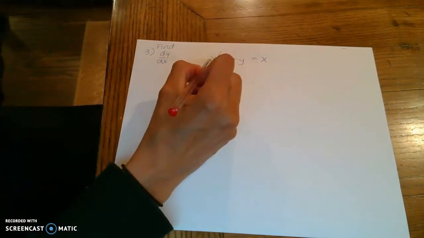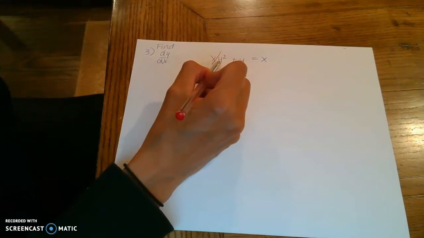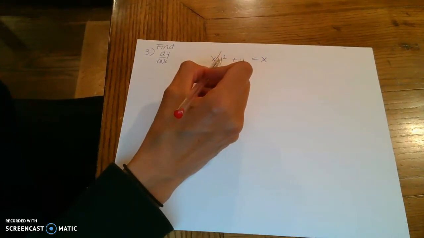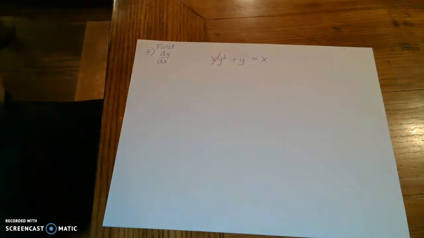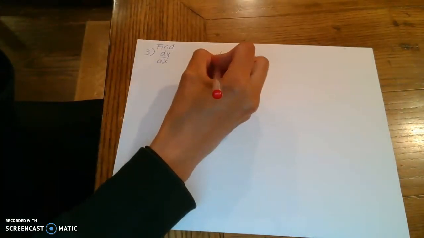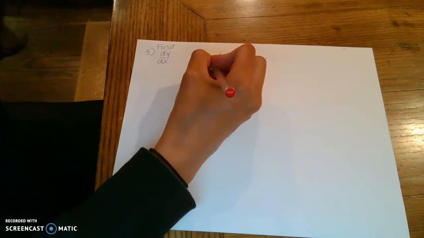Well, remember, I've identified that y is the dependent variable. So everything's going to be the derivative of the variable with respect to the independent variable, which is x. And here, this would be dy dx, and this is dx dx, which we spoke about is not necessary to write.